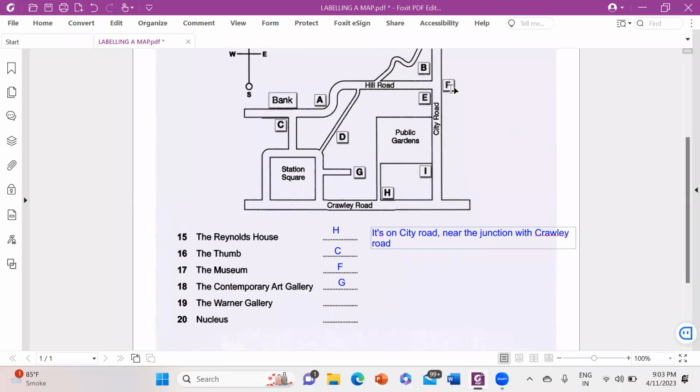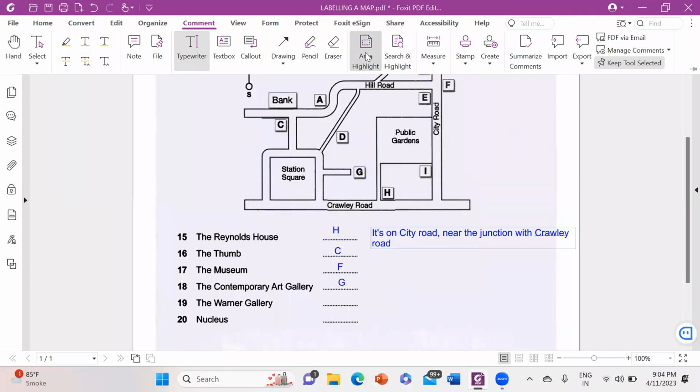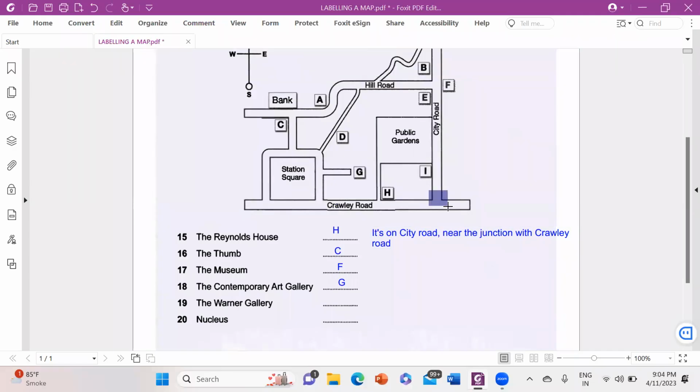There were two places, F and I. F is already over, so the only place we have is I. Is it near the junction with Crawley Road? Yes, it is not at the junction. It is near the junction with Crawley Road. So the answer is I.